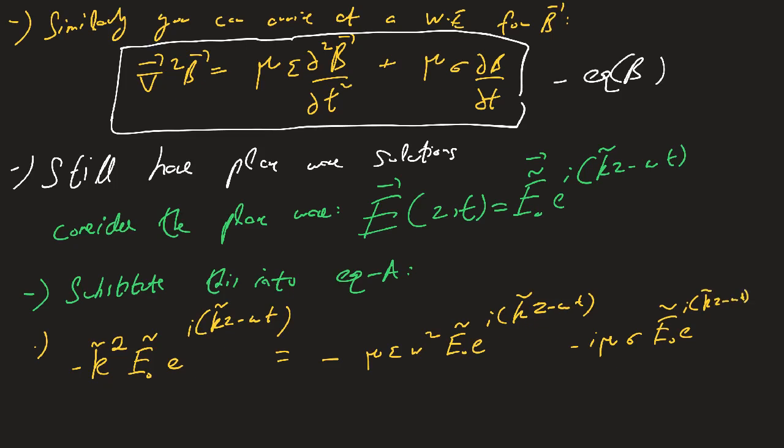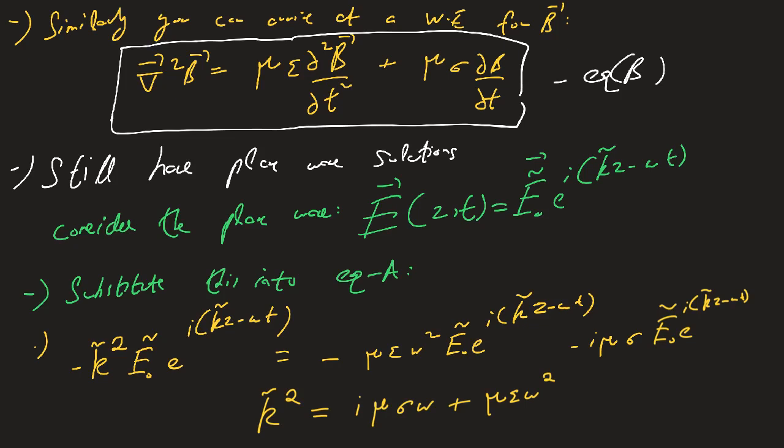So we can basically eliminate all the exponential dependence because it's the same on all sides, and what we're left with is that yes, this is a plane wave solution if k tilde squared is equal to i times mu sigma omega plus mu epsilon omega squared, okay?